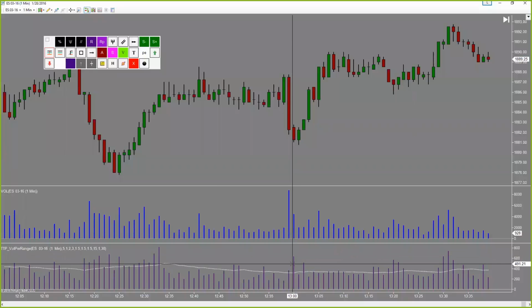That high volume per range bar means that in that bar, there's a fight going on between supply and demand. Do you understand what I'm saying here? When you have very high volume per range, that means it's taking the market more contracts to move every tick further than was previously necessary.